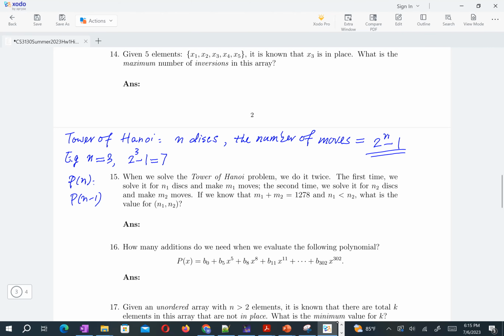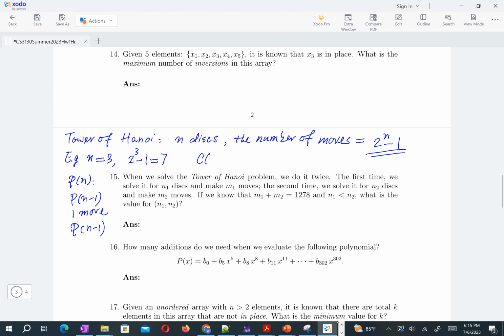After that, we need to make one move: move the largest bottom disk to the destination pad. After that, we need to do another P of n minus 1. Based on this recurrence relation, let's consider the number of moves.